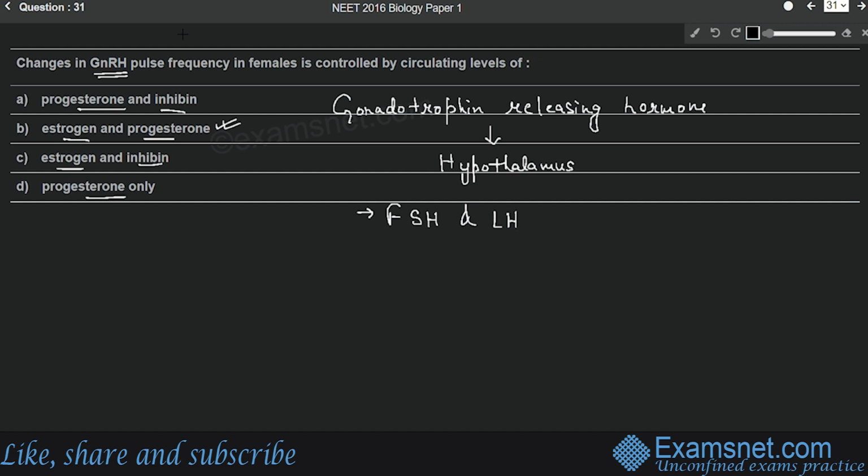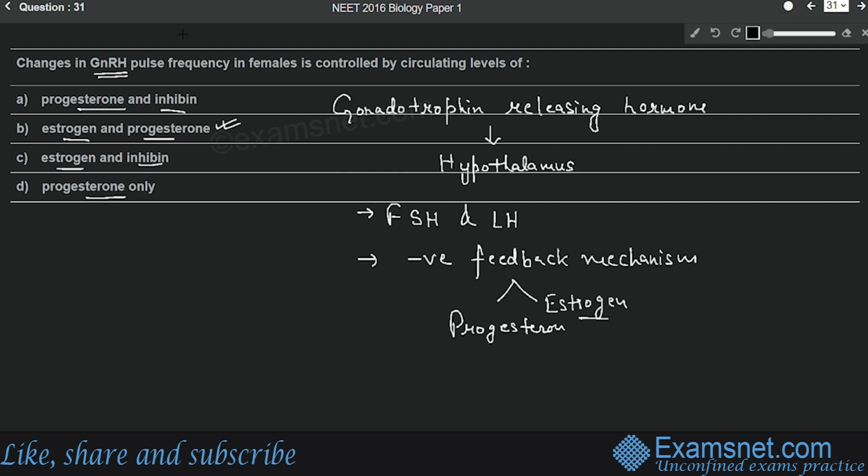Now the levels of these two hormones are controlled by negative feedback mechanism, and it is done by two hormones, namely progesterone and estrogen. So both these hormones control the level of these gonadotropin hormones. Therefore correct answer will be option B, estrogen and progesterone.